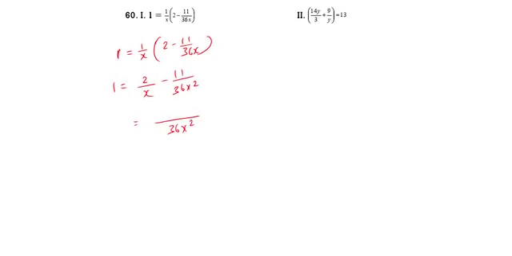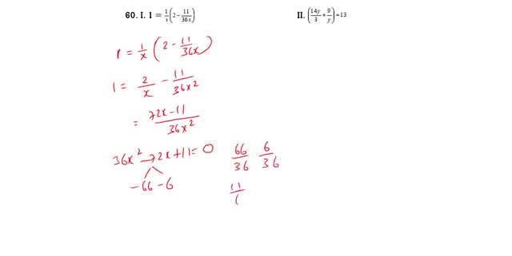If you multiply with 36x square, we are going to get 36x square is equal to 72x minus 11, or else 36x square minus 72x plus 11 is equal to 0. Here we can take minus 66 minus 6. Then 66 by 36, 6 by 36. That is 11 by 6 and 1 by 6. So these are the values of x.